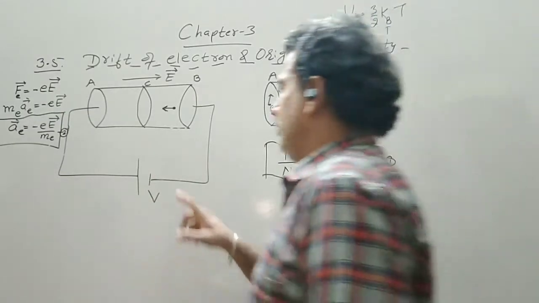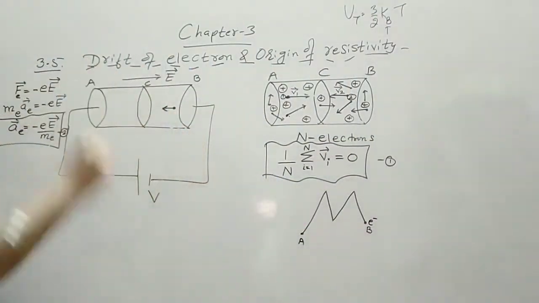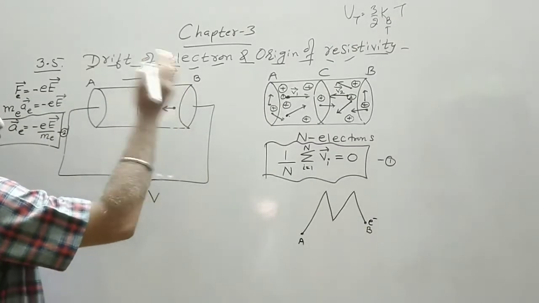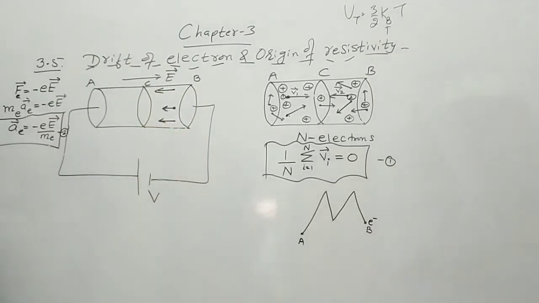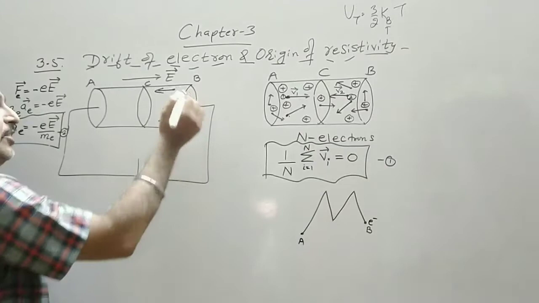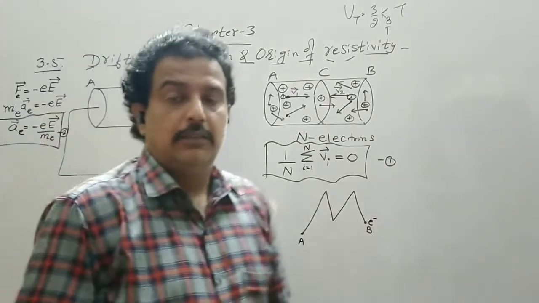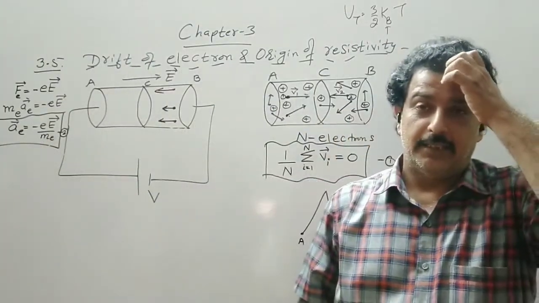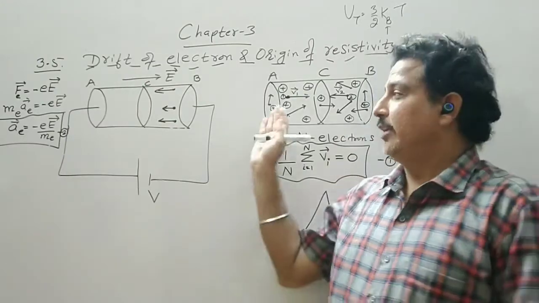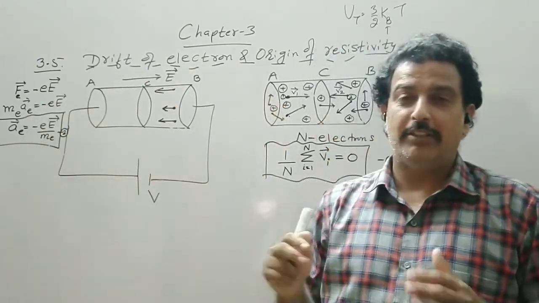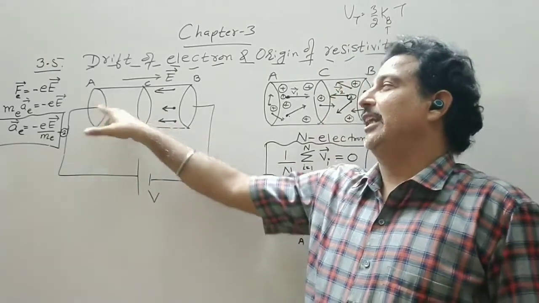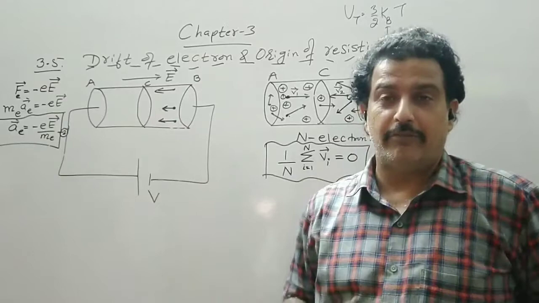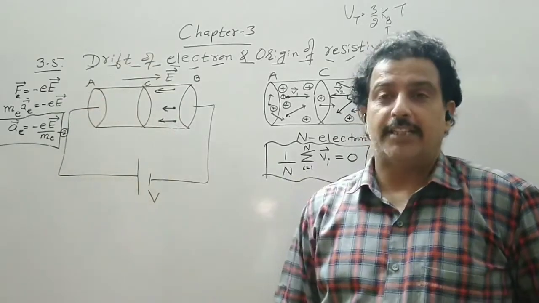Now this electron will start accelerating. If this electron starts accelerating, so there are many electrons, all will start accelerating. So all need to move in a straight line. Their tendency is that they should move in a straight line. Like when we started our chapter, we said that 3 electrons entered all together from A. 3 charges were entering.